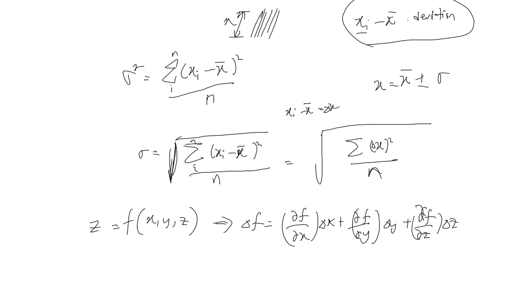So the uncertainty of f, which is our derived quantity, is due to the uncertainty of variable x, variable y, and variable z. And so I can treat delta f as delta f here, delta x here.